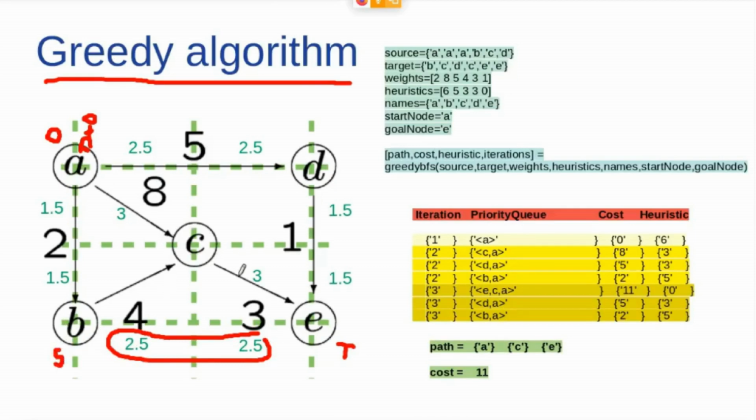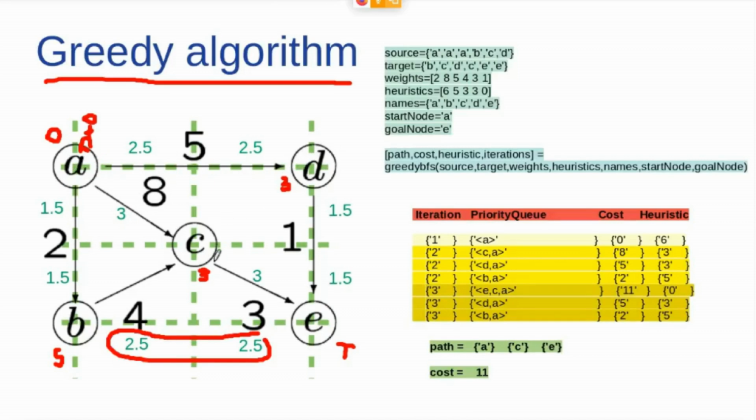Then for C it is 3. So we have a 3 here. This is the heuristics of C. And the heuristics of D is also 3, right? Because we have a 3 here. So we have a tie, right? We have a tie because you can go either to C or D because they both have the minimum heuristic value among the neighbors of A, right?